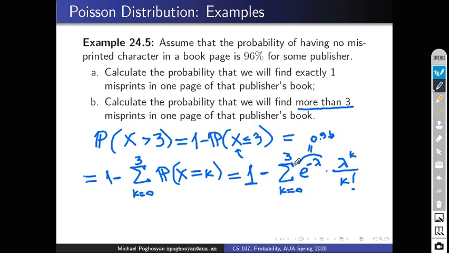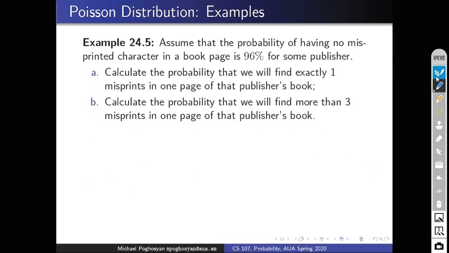So k is running from 0 to 3. Lambda is equal to, from here, we have calculated that value of lambda. We can plug it here and calculate this number. So we will have some number here. Okay.